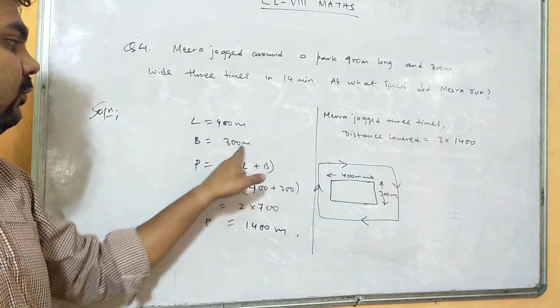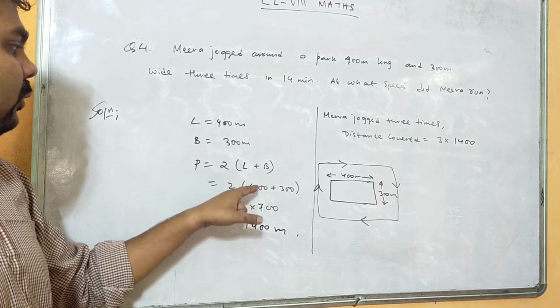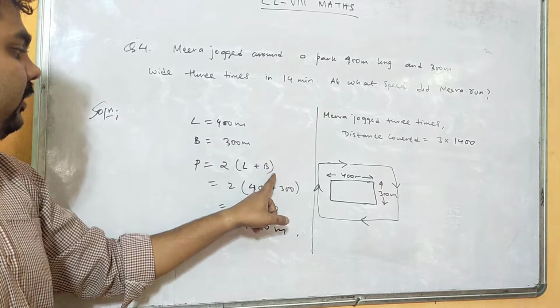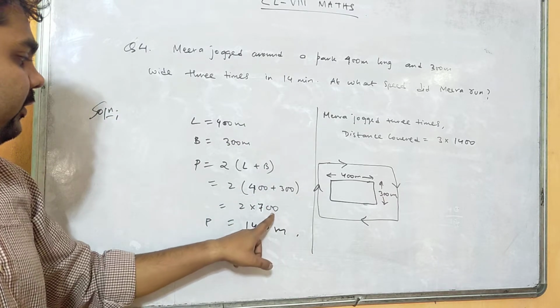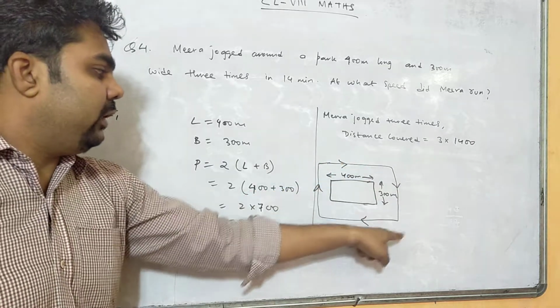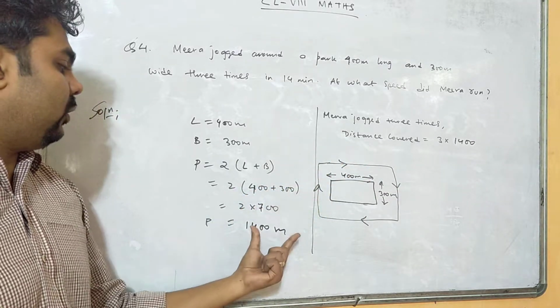That is the perimeter of that park. We know the perimeter of a rectangle is 2 into length plus breadth. Length we place here 400, breadth is 300, so 400 plus 300 is 700, 2 into 700 is 1400 meter. So in one round he will cover 1400 meter.